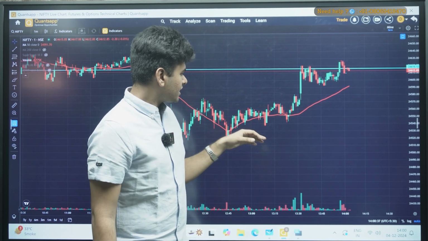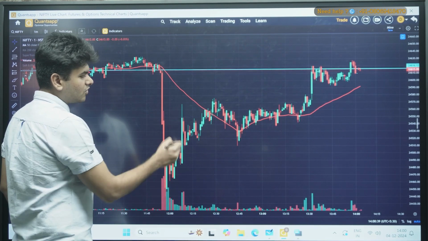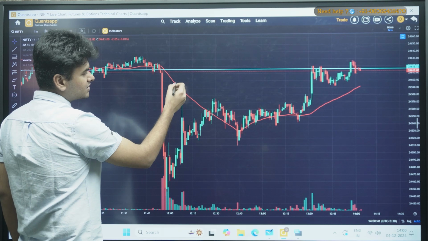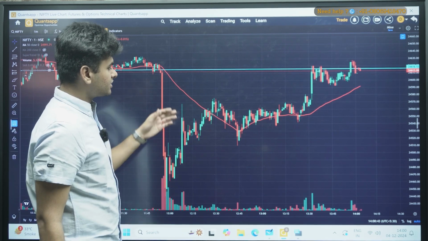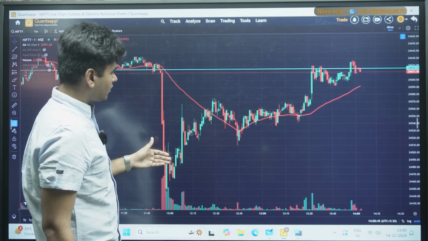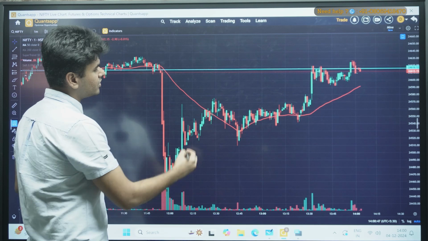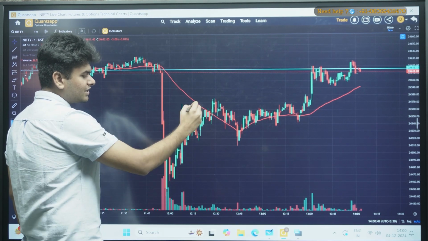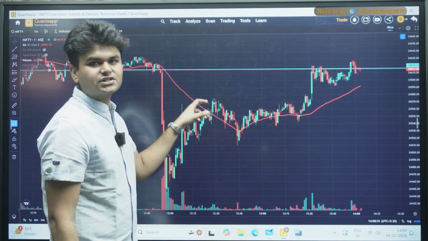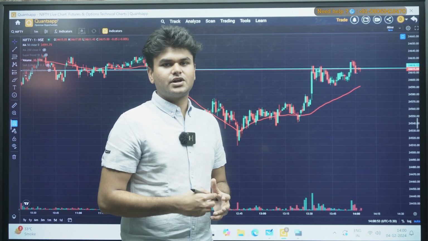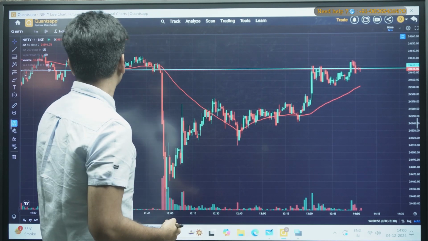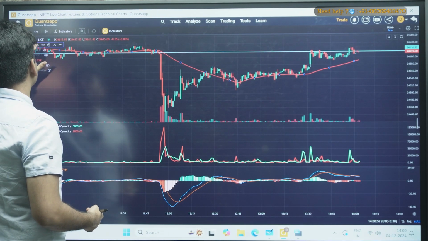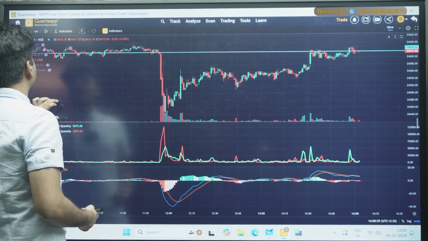Now the volatility, as you can see, the price is moving up and down, but still the average price was somewhere here only, because the price went steeply down, but again it retraced. So eventually, the volatility is there, but the moving average tends to give you an average price overall.